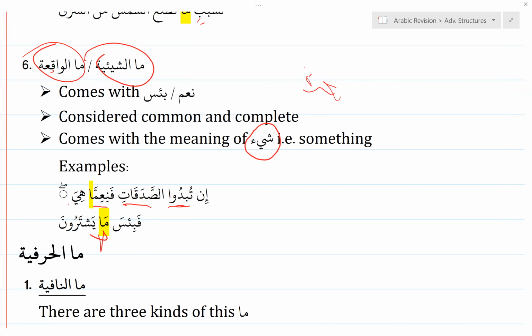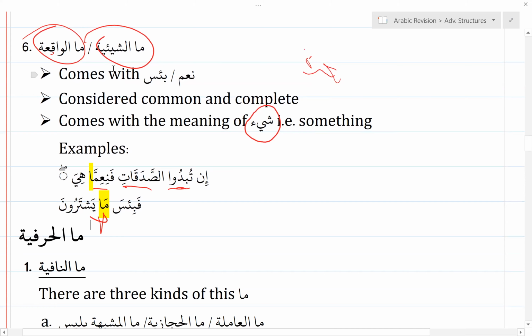You'll even see that in translation, how evil what they buy, or how evil the thing they buy. That's why I was debating with myself, should I include it or not. It just kind of works like ma mawsula. But just for your own knowledge, be aware that something like this exists.